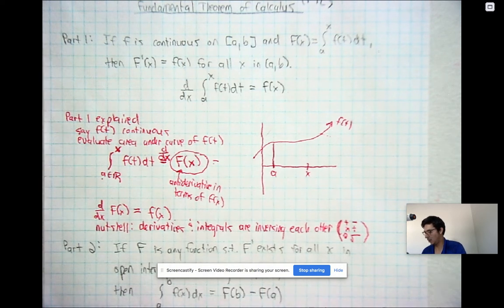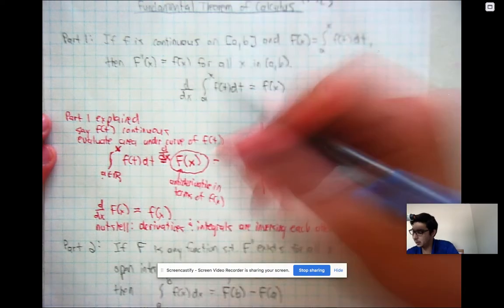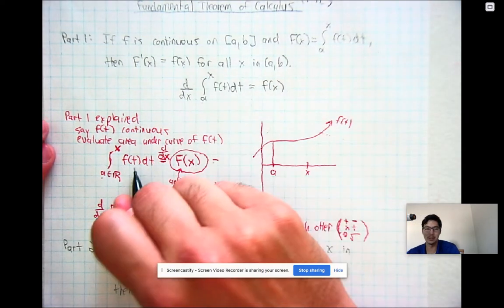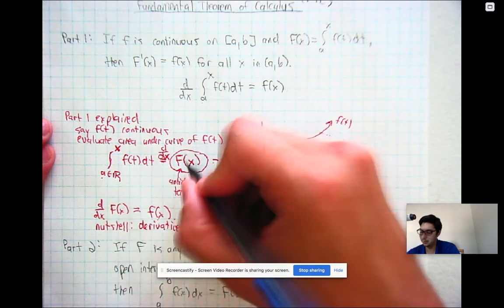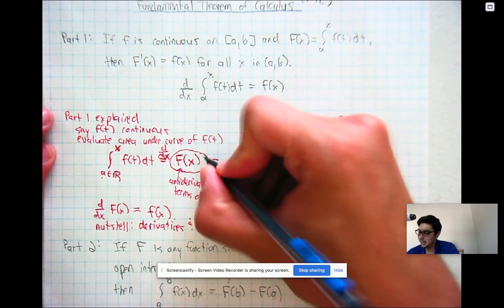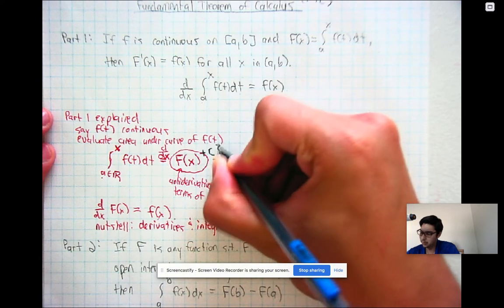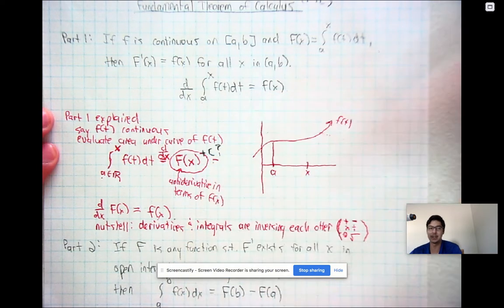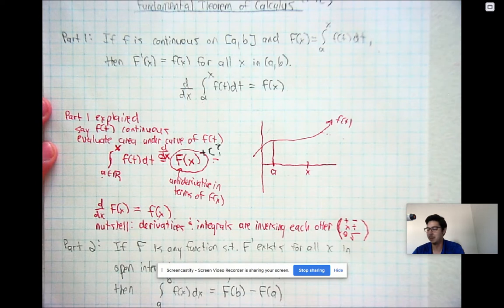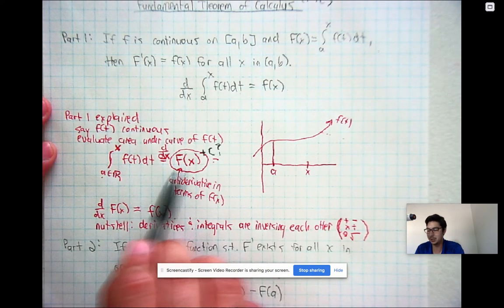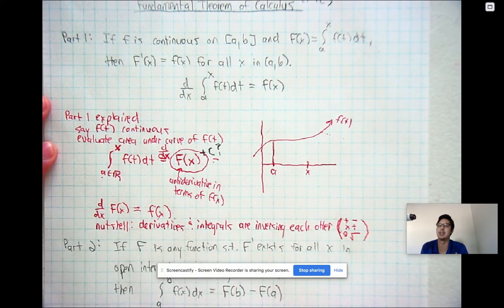Now, someone is probably wondering, and maybe I messed up in my earlier video, how come when we take the antiderivative of f of t dt, which is a function f in terms of x, there's no plus c? Because you told us, Mr. Hein, that antiderivatives always have a plus c, and that's true. But the antiderivative that's being used here is not the same as a general antiderivative.